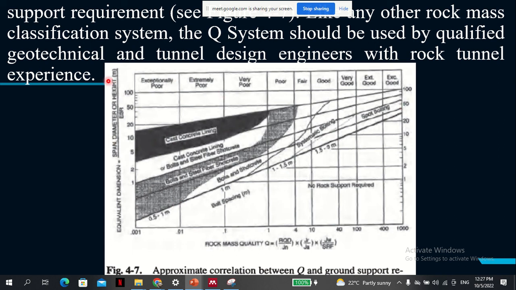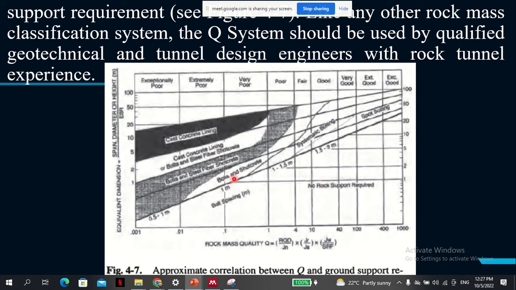So actually this is a very useful table for quick design or quick reference, based on the Q value. It is actually a quick design reference table, so to speak.